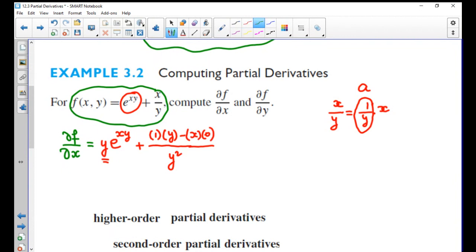So this is nothing. So it's y over y squared, which is 1 over y. It's perfectly fine to do it this way if you want.